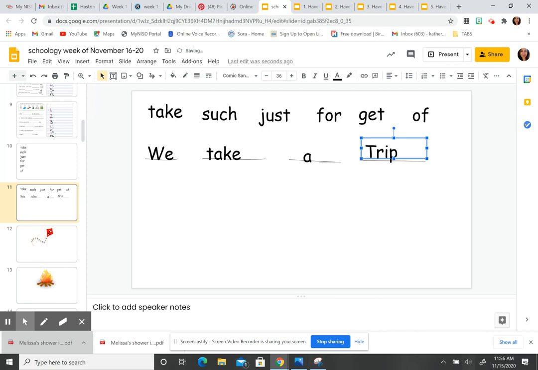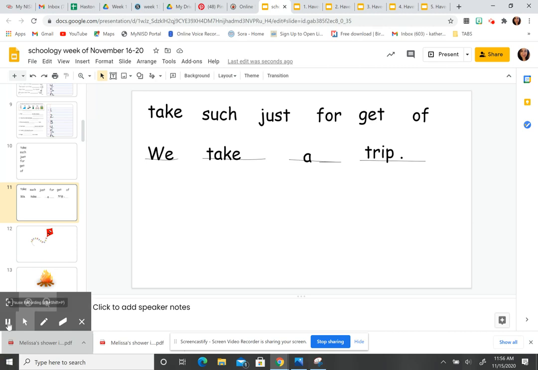And then I need to remember at the end of my sentence, I have to put a period, question mark, or exclamation mark. And I'm just saying it normal. We take a trip. So I'm going to end it with a period. So check your sentence and see if you have it like I do. We take a trip.